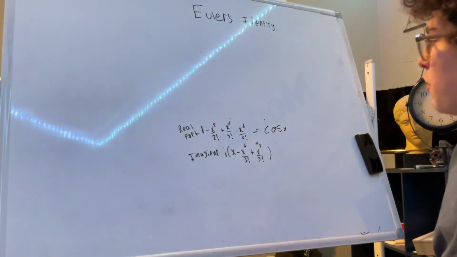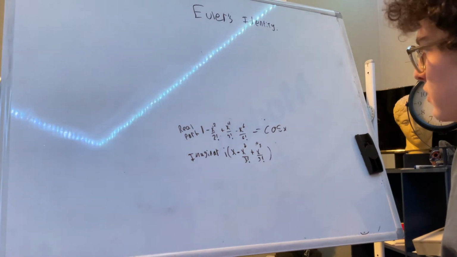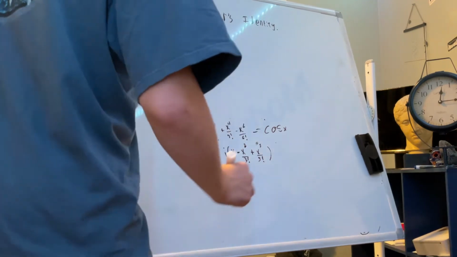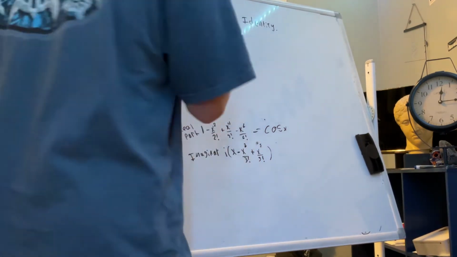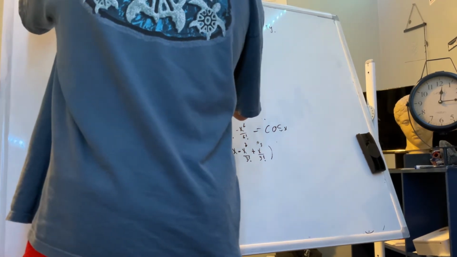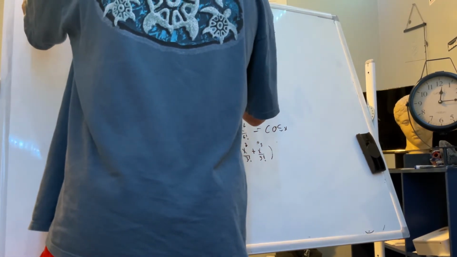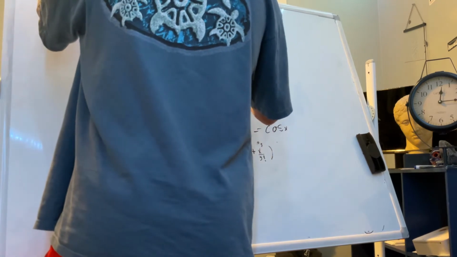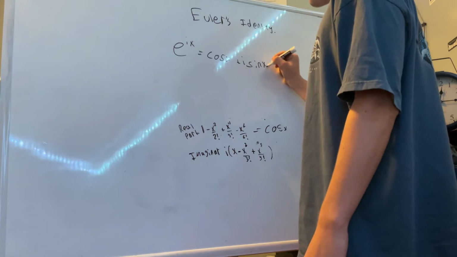Now we know that e to the ix is equal to a real part, cosine x, and an imaginary part, i sine x. So now I'll write it up here. e to the ix is equal to cosine x, our real part, plus i sine x, our imaginary part.